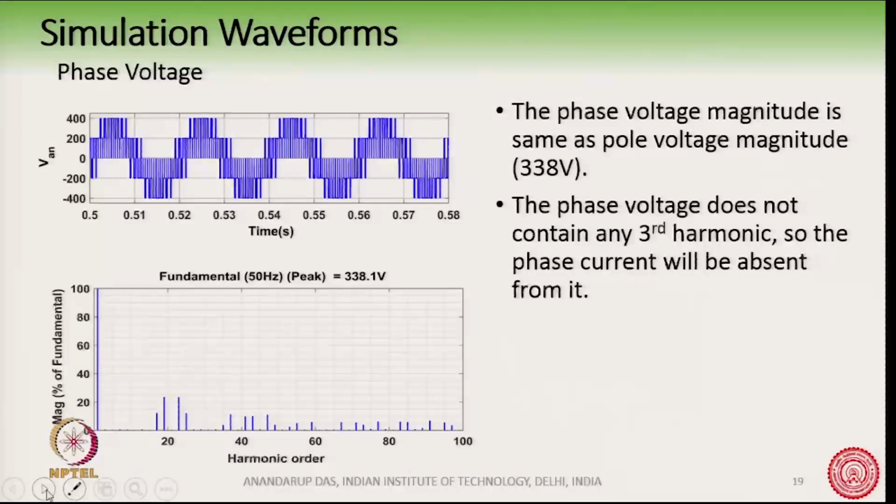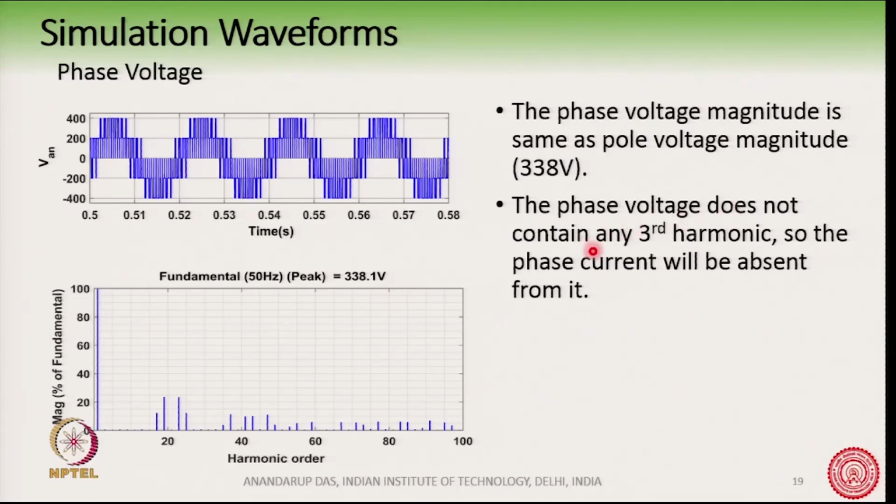And what will happen in the phase voltage? We see that the fundamental phase voltage magnitude is the same as the pole voltage magnitude. You see here the fundamental phase voltage is again 338 volt here, but since the line voltage does not contain any third harmonic, it cannot contain any third harmonic because it will always cancel out.